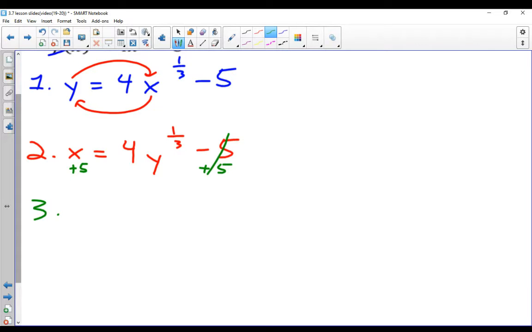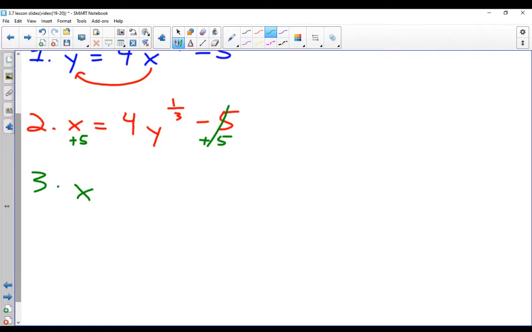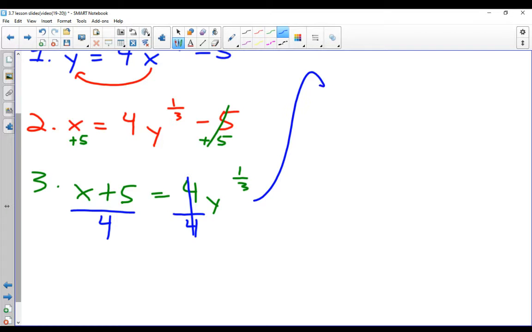So now you have x plus 5 on the left, and then you have 4y to the 1/3 on the right. While we're at it, let's go ahead and divide by 4, because we know how to do that, and that's easy. So now all I have is (x plus 5) divided by 4 on the left, and on the right, I have y to the 1/3.